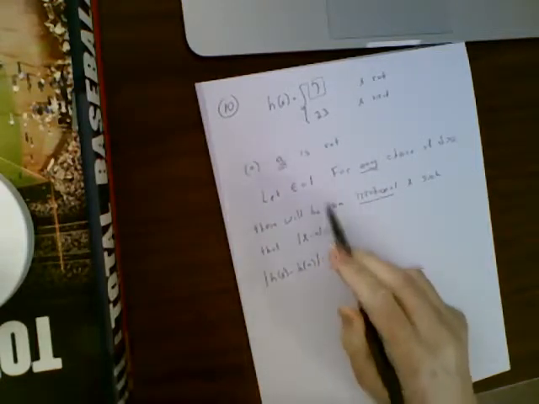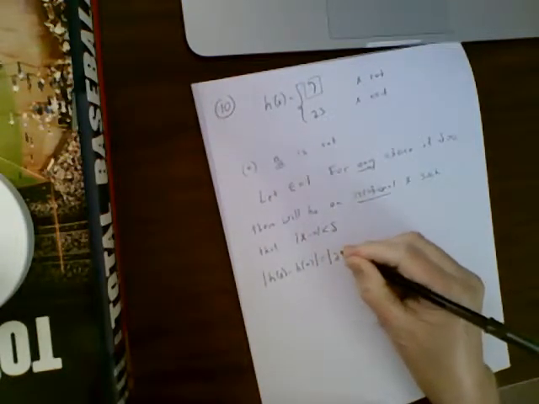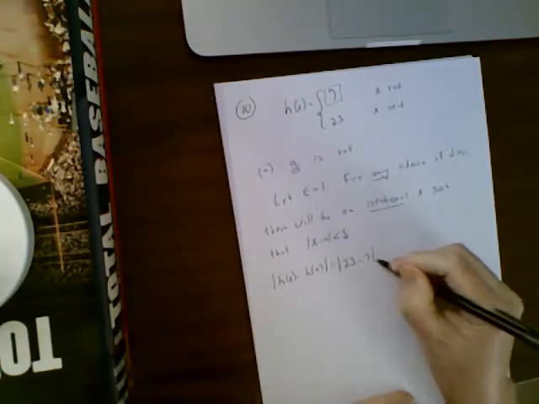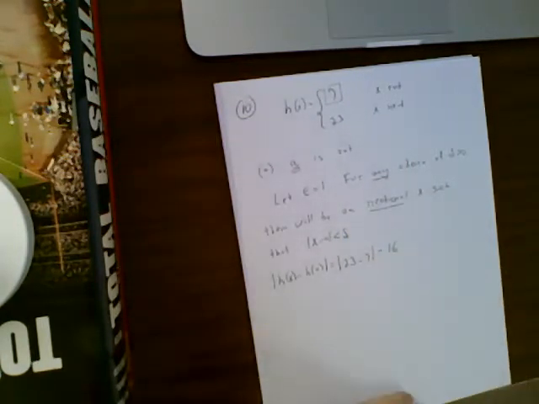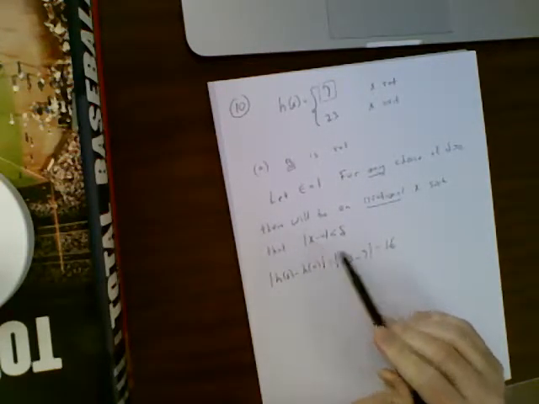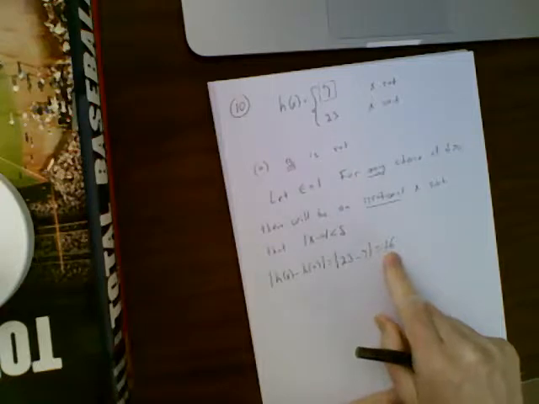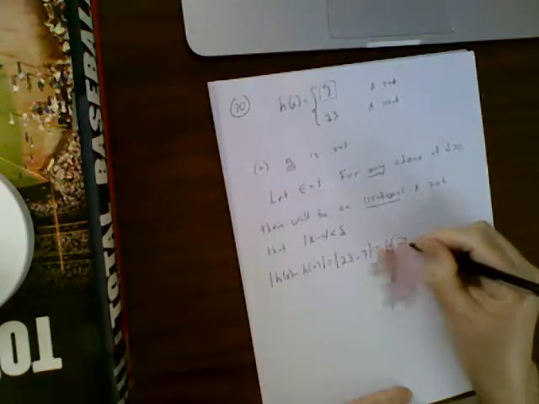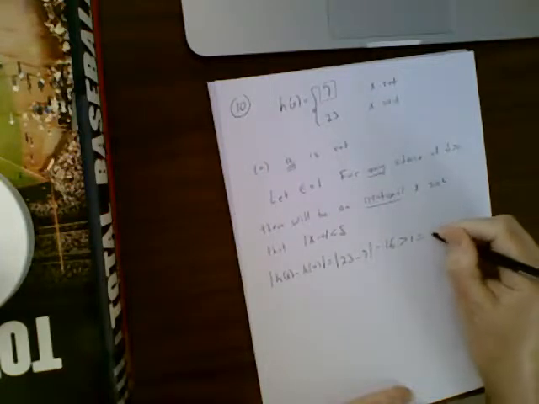Since x is irrational, it's giving you a value of 23. Since a is rational, it's giving you a value of 7. So in other words, you're getting points close to a that when you plug in give you values of the function 16 units away from 7. Well, that's certainly bigger than the number 1, which was epsilon.